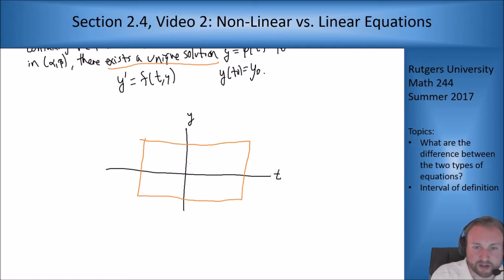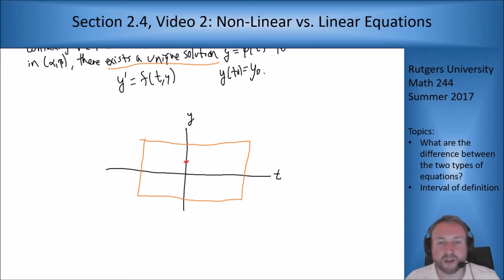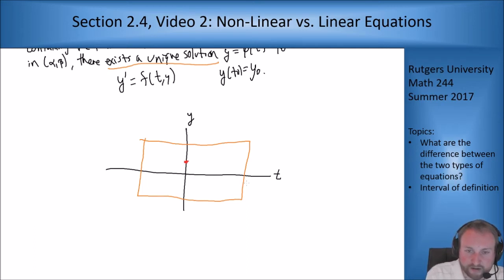And I want to start at this point right here. Now, for a linear equation, we would know that I can always go all the way out to here. So this would be, say, our beta. This is our alpha. So for linear equations, I would know that I can go all the way to the left to alpha and all the way to the right to beta without a problem.